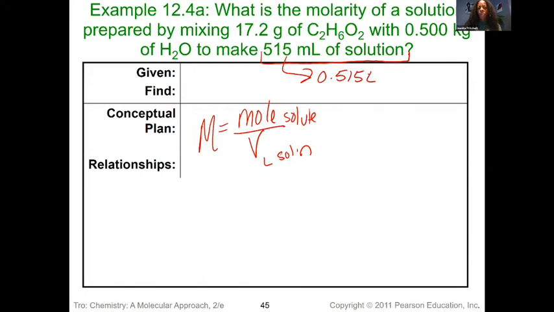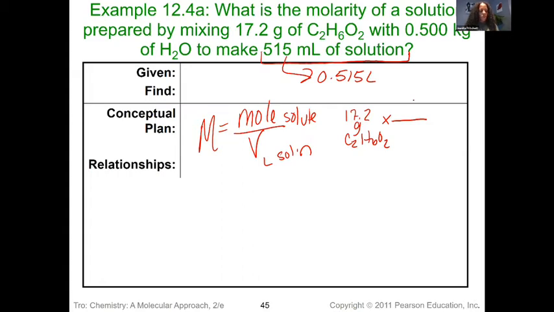But we don't have the moles of solute. But what we do have is the gram amount, that's 17.2 grams of C2H6O2. And we know from back in chapter 2 how we can calculate the number of moles that are present by using the molar mass. So we'll calculate the molar mass of that substance.